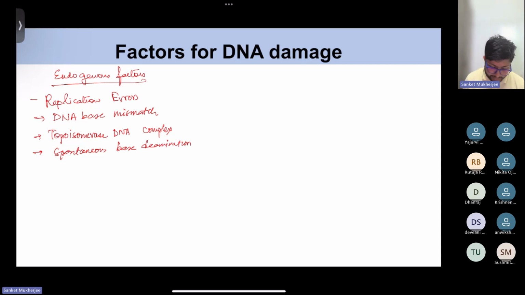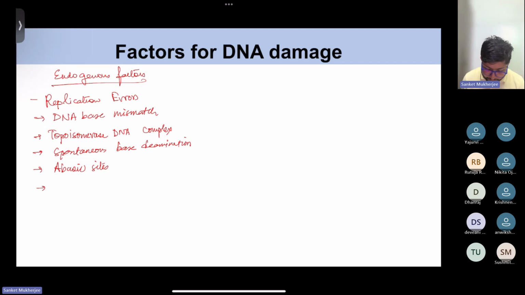Then abasic sites could be produced, where glycosylases present inside the cell cleave the glycosidic bond between the sugar and the base, and the base will be removed. We will not have the base in the DNA.